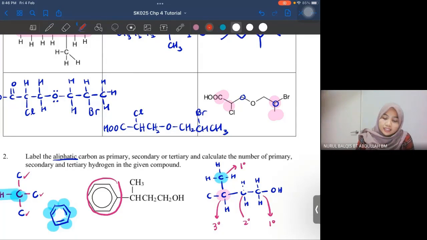Awak kena hati-hati dengan dia punya instruction. If they ask for you to label, then you need to label. Tak perlu kira. If the questions ask you to calculate, then you need to calculate only. Maksudnya beritahu ada berapa banyak. Tak perlu label. Jangan kalau kata dia minta benda ni, semua awak label, semua awak calculate. Okay, itu maksudnya tak faham instructions lah.